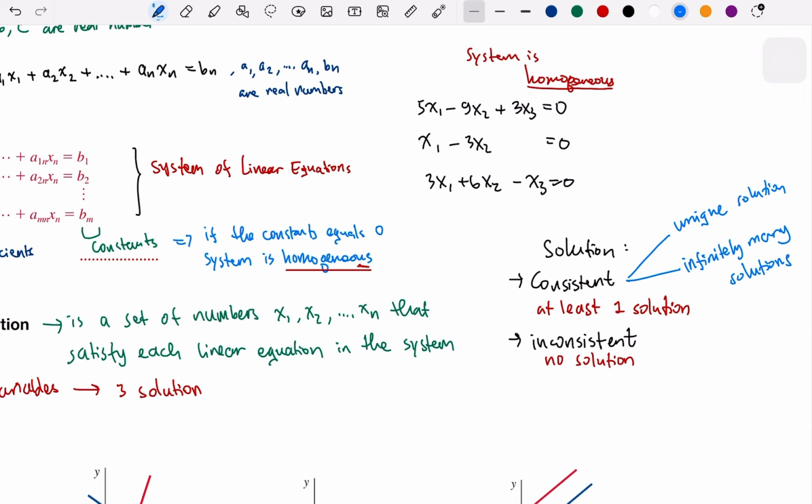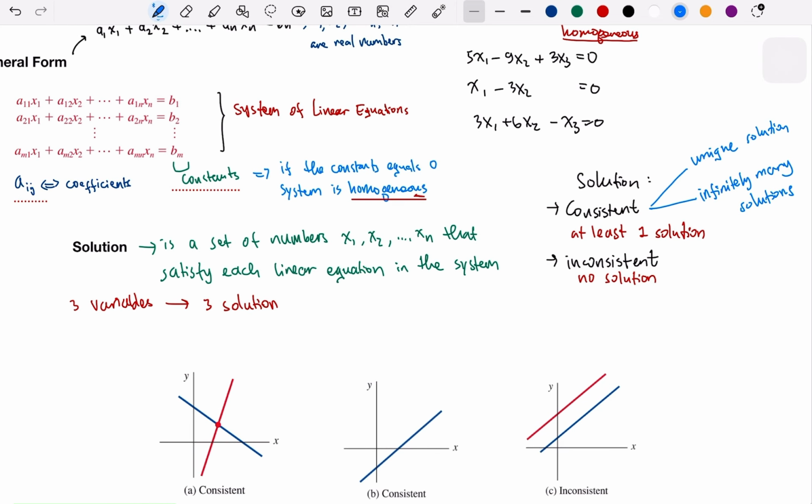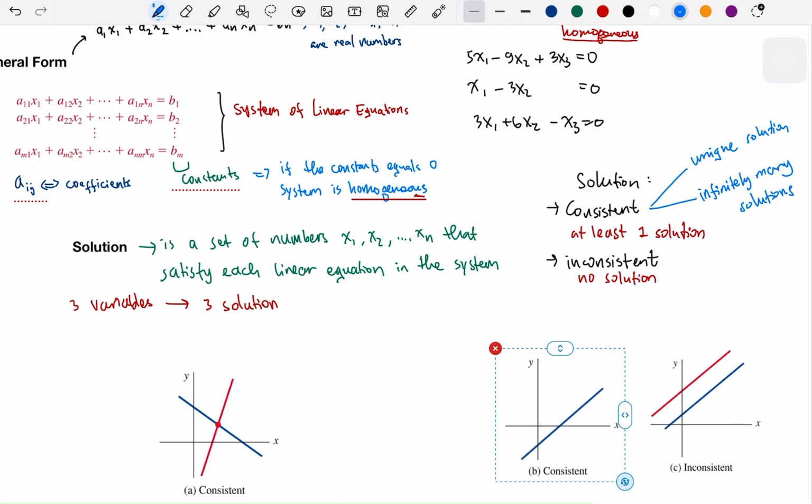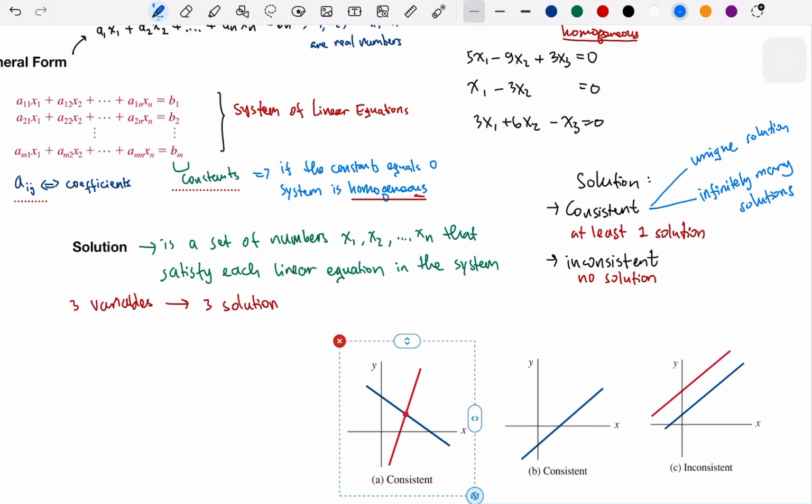Now, to visualize what is meant by consistent and inconsistent, or unique solution and infinitely many solutions, we'll zoom out a little bit. You can see how it looks here. If we have 2 equations in a 2D system, with two variables x, y, suppose you have an equation that is this blue line and the red line. Where is the solution?